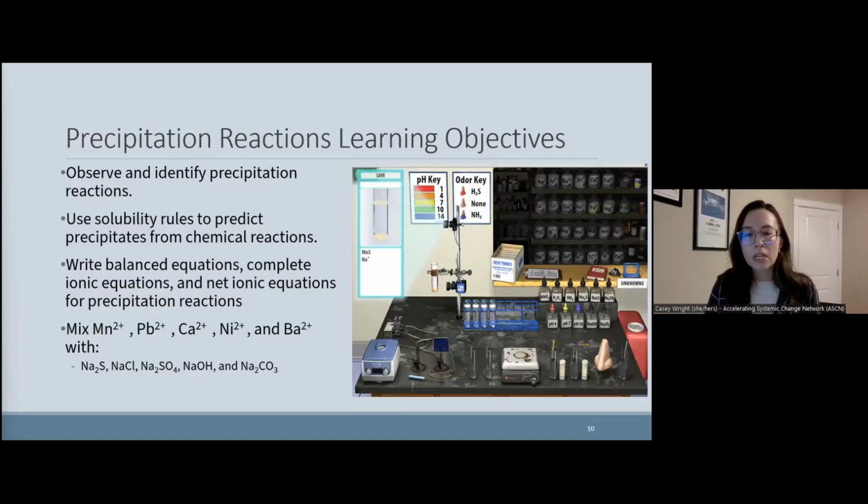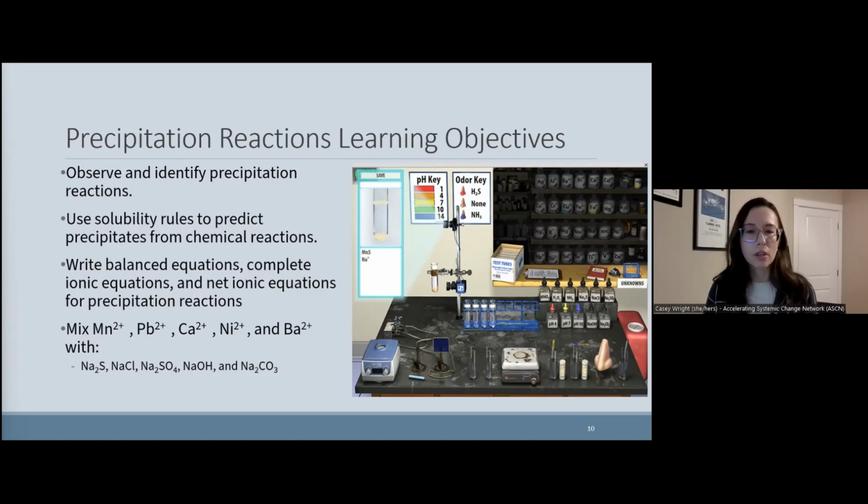The next lab where we applied the app was the precipitation lab. In this lab, the learning objectives were to have students learn how to make observations about precipitation reactions, and then, using solubility rules, write net ionic and balanced chemical equations.